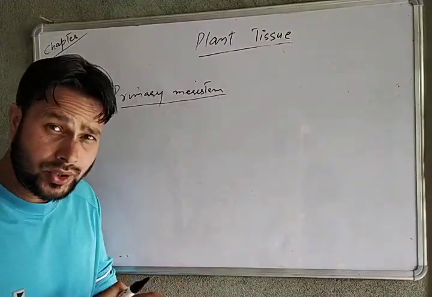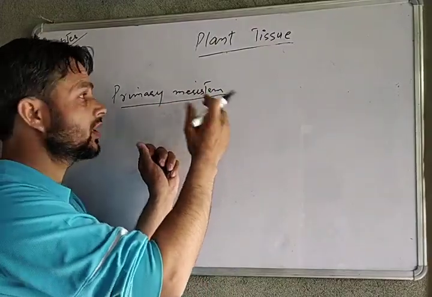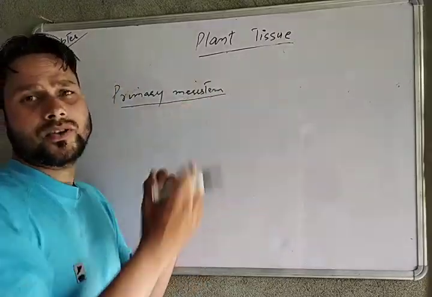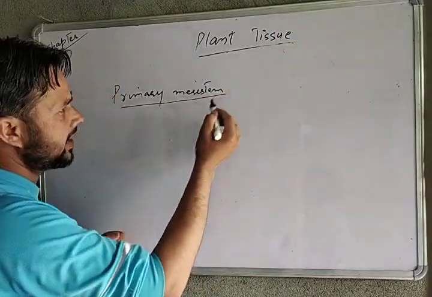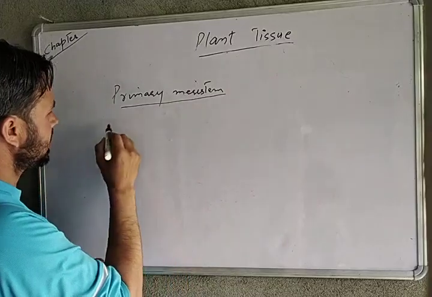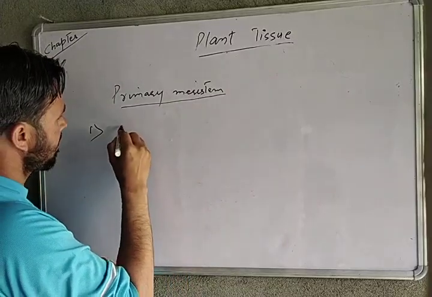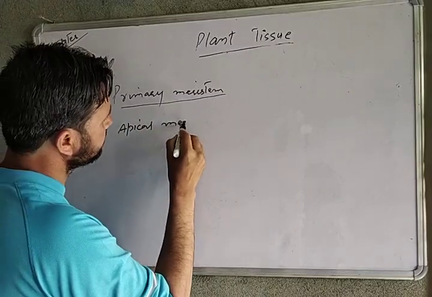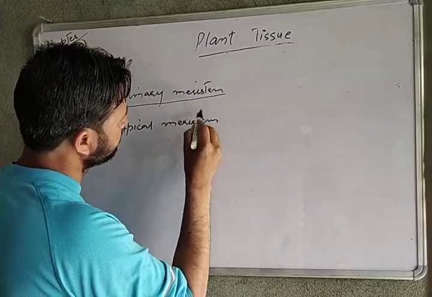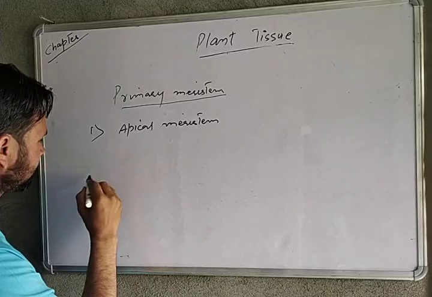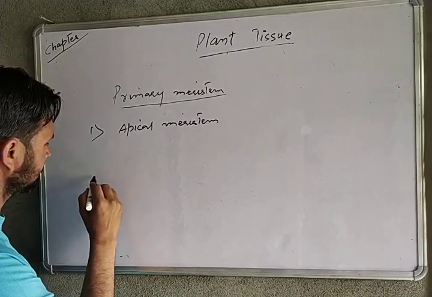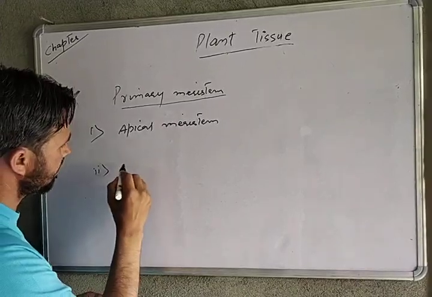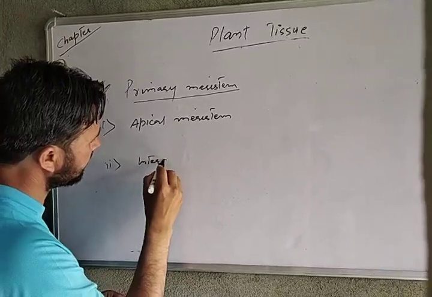This very actively growing region is present on different parts of the plant, and as I told you, it has apical meristem and intercalary meristem.